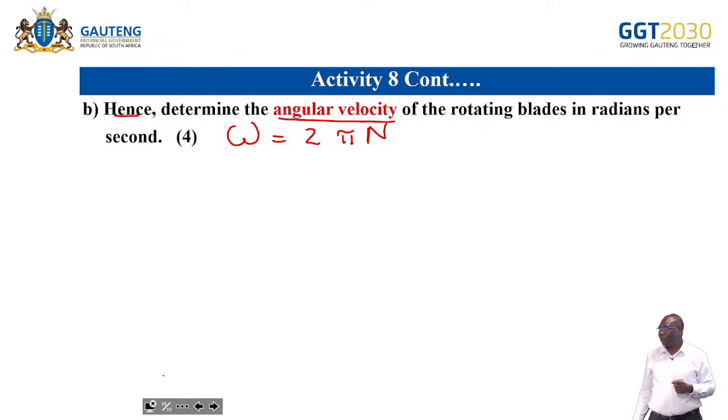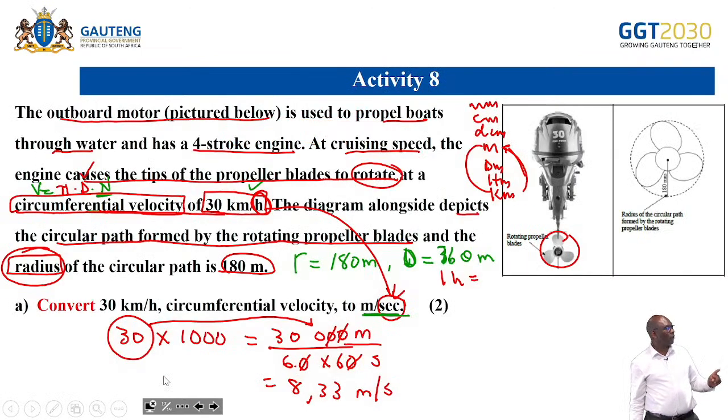What challenge am I having now? I don't know what my n is. So I'll have a challenge there, because according to this question, in the whole statement, I don't have anywhere that they gave me the rotation, I mean the revolutions.